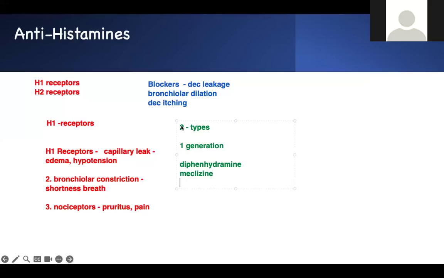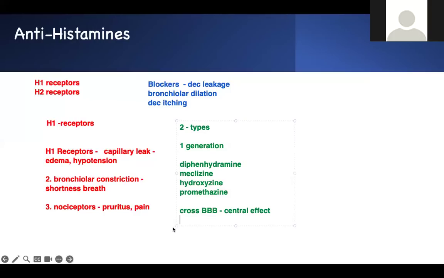This is used for motion sickness. Then we have hydroxyzine. And the last one is promethazine. This is like Phenergan. What do you need to know about these first generation? They cross the blood-brain barrier. Therefore, they can have central effects.